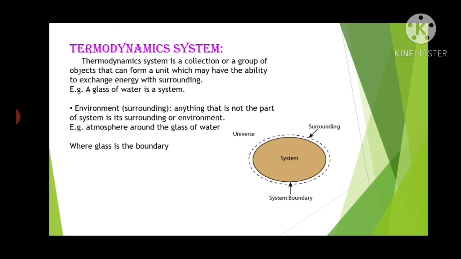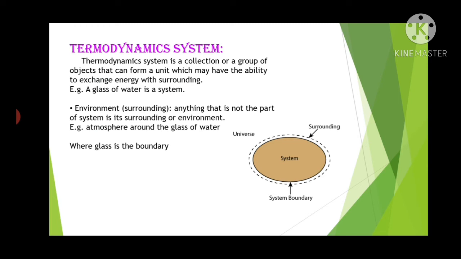Now what is surrounding? Surrounding is nothing but environment. Anything that is not part of the system is its surrounding or environment. That means a glass of water is placed on the table, and the atmosphere around the glass of water is called the surrounding, or you can say environment.